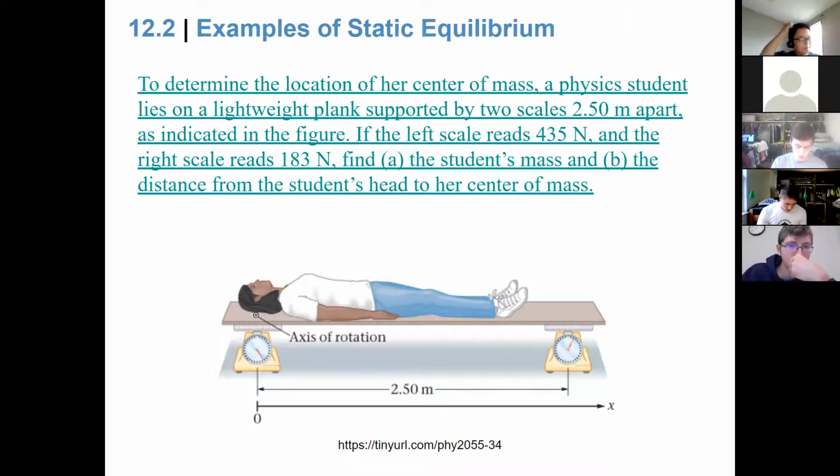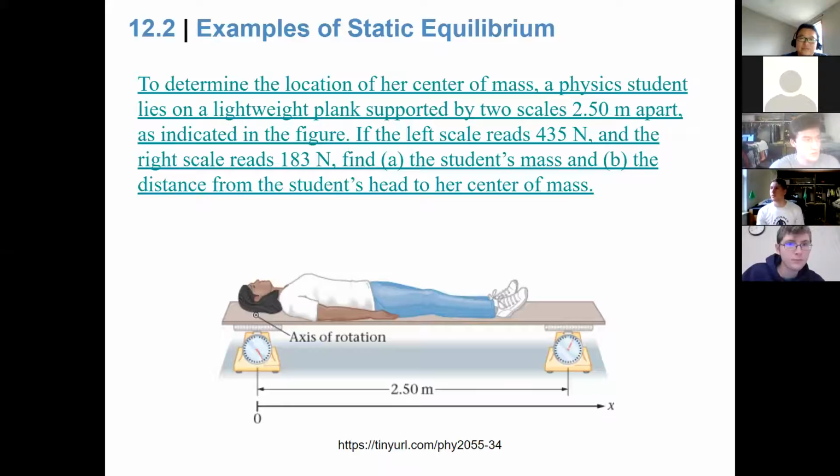We will take a look at this example here. There were several examples in this section, but we'll pick this one, and you can check the rest by yourself. It says: to determine the location of her center of mass, a physics student lies on a lightweight plank supported by two scales, 2.50 meters apart.